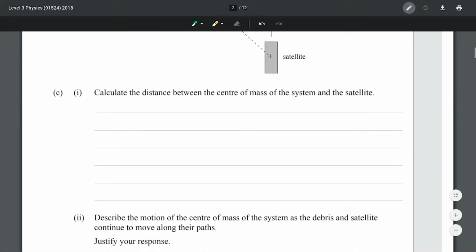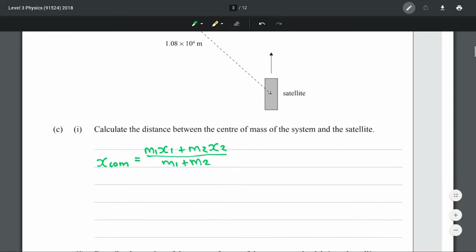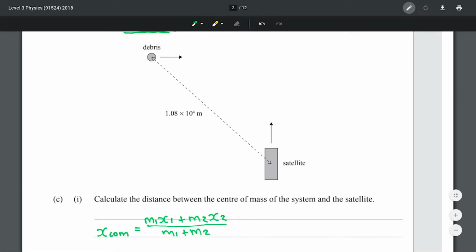The equation for the center of mass that you're given on your formula sheet looks like this. Given that we're wanting to calculate the distance between the center of mass and the satellite, we'll make our x equals 0 here. And if we imagine that our center of mass is something like here, our XCOM is going to be this here, which is what we're trying to find.